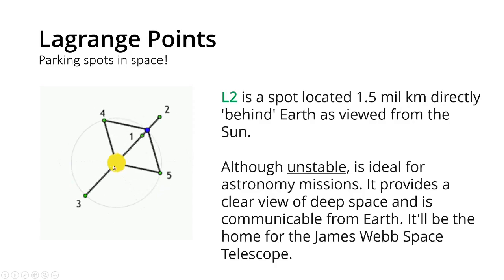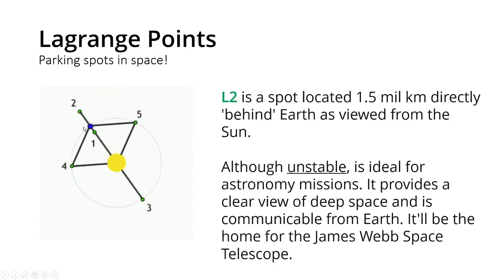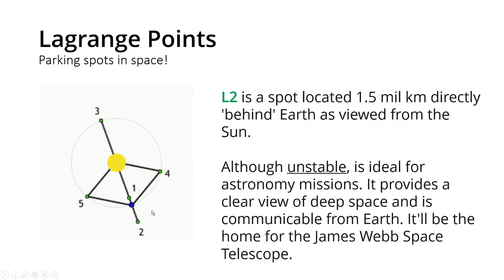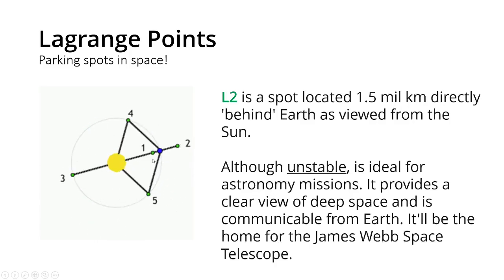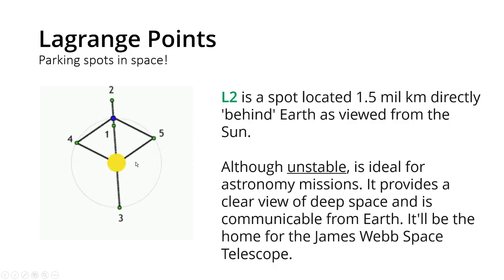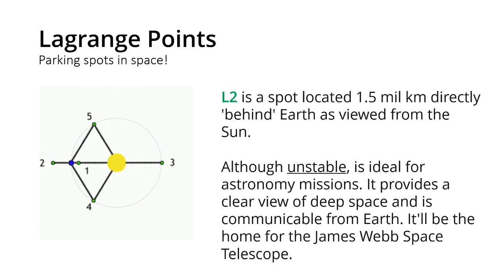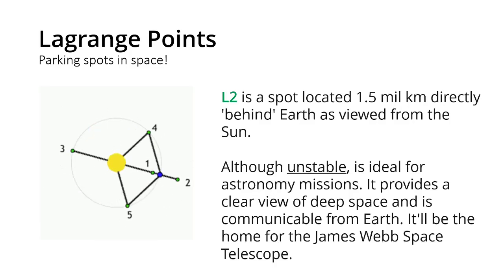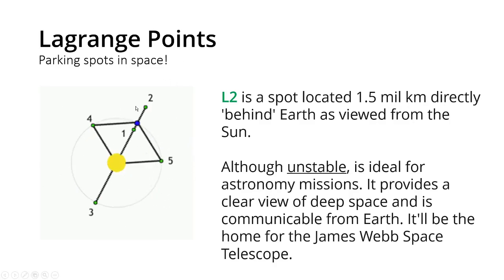But because of the combined gravity of the Sun and the Earth, it tucks the spacecraft in. You can imagine a spacecraft being pulled by both the gravity of the Sun and the gravity of the Earth. So that point is also another parking spot.